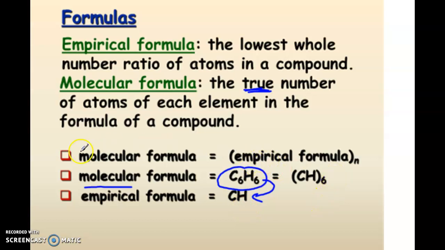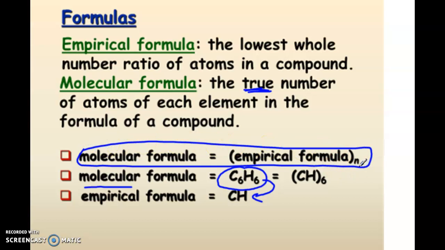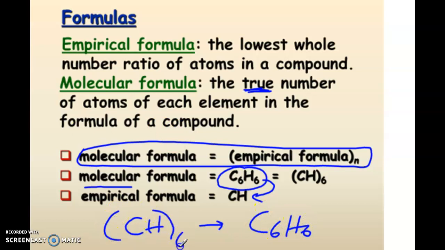Now, this value, where it's showing you the empirical formula to an n factor, is telling you what you reduced it down by. The molecular formula was C6H6, so if I wanted to go from the empirical formula back to the real formula, I'd have to multiply all of my subscripts by 6.